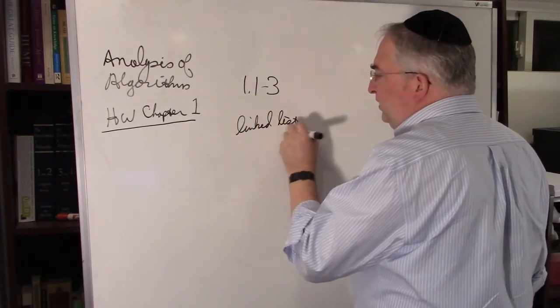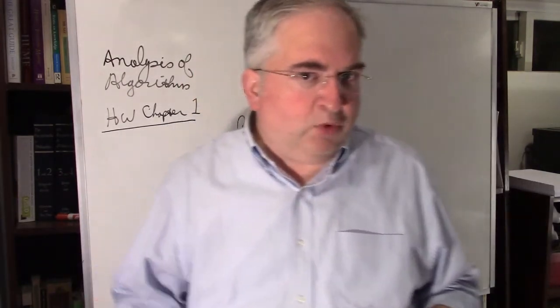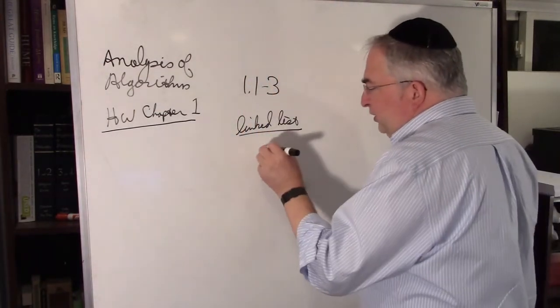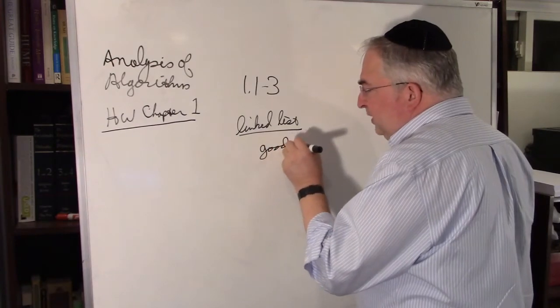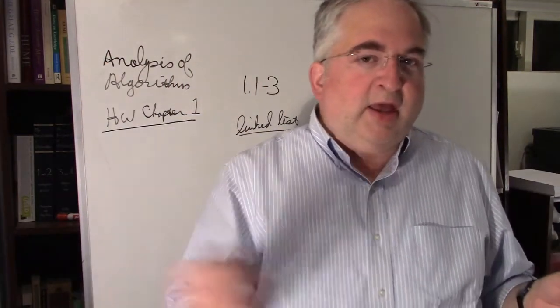Linked lists have positive things and negative things. We're going to see a lot more about data structures in chapters 10 and 11 and stuff like that. But let's talk about the linked list. The good things: you don't have to declare how much space you have. You can always add another element to the linked list. You can always chuck on another one, no problem whatsoever.